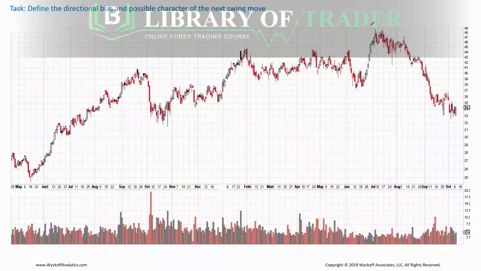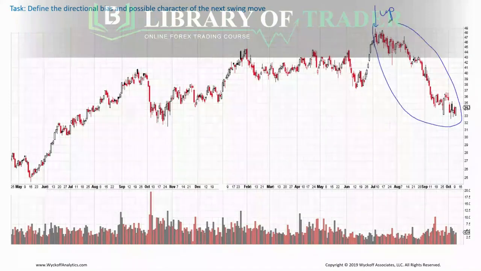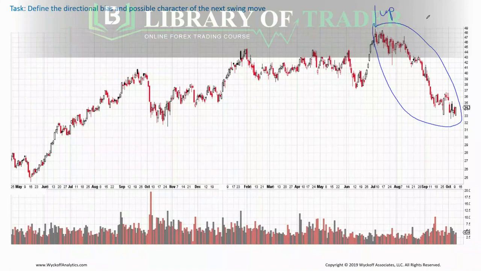Okay, well, Dmitry, then I would be thinking that we are still biased to the upside up to this point. So then what happens with the last reaction? The last reaction is the largest reaction in the chart, and I do see some supply coming in towards the end of the reaction, although I could also see that as potential demand.